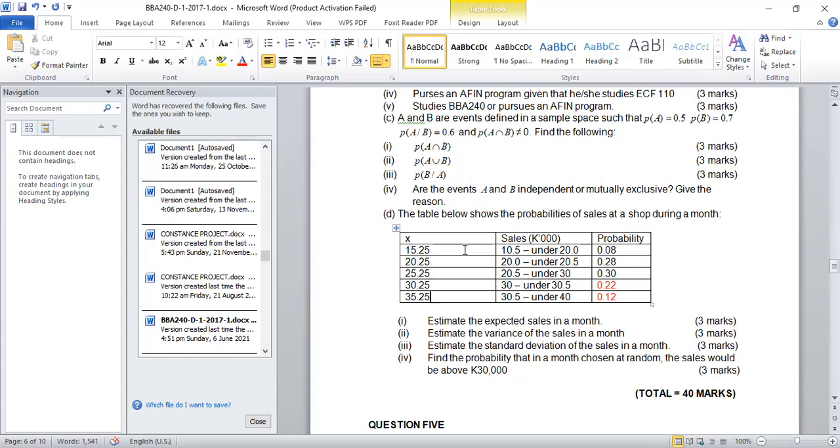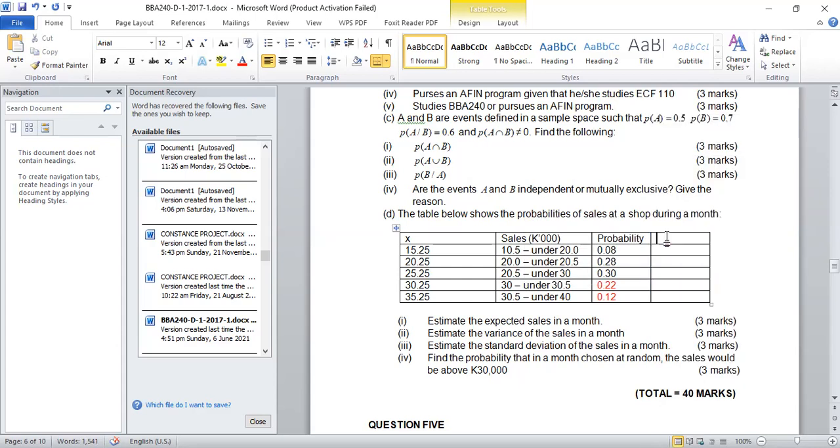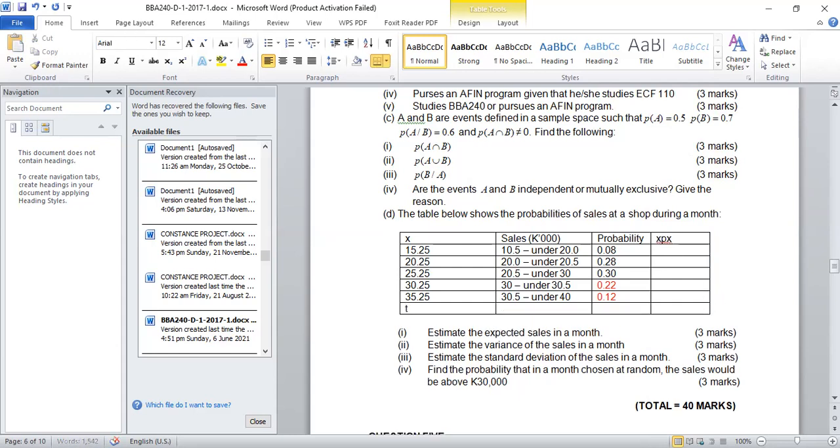Okay. So it keeps increasing by what? By 5, 5, 5. So how do we find the mean from what we've talked about? Multiply x times p(x), and the total is our mean. So multiply this times that, what are we getting?